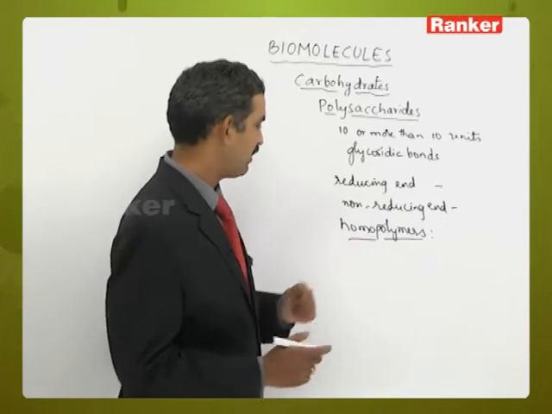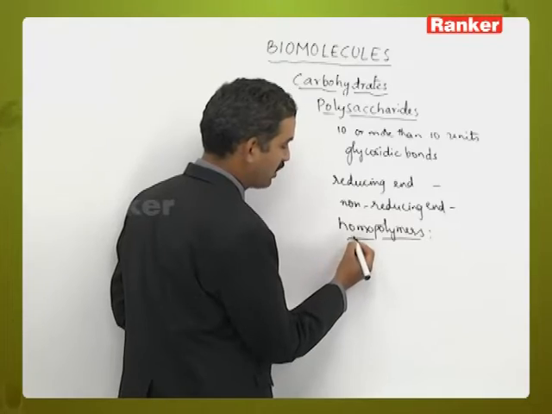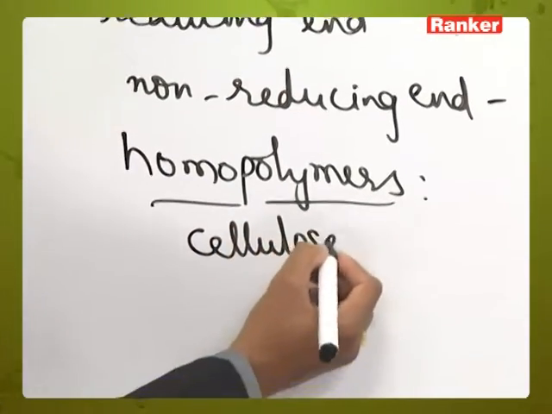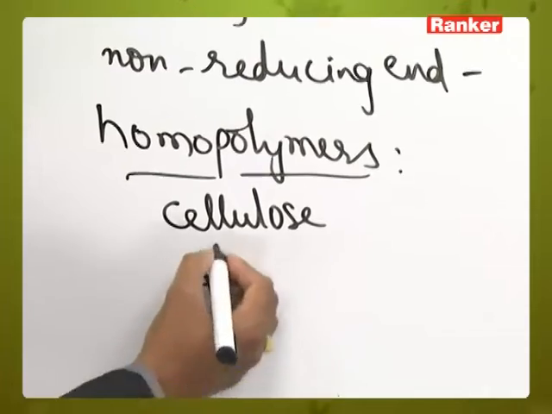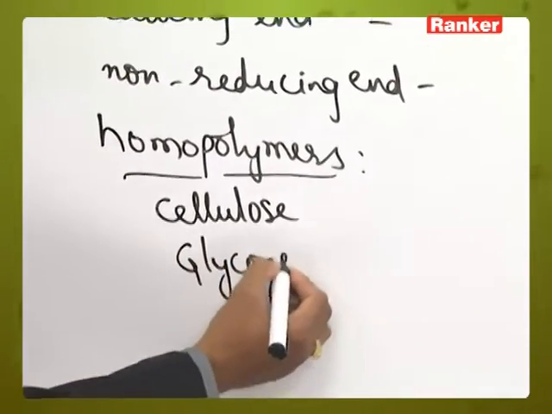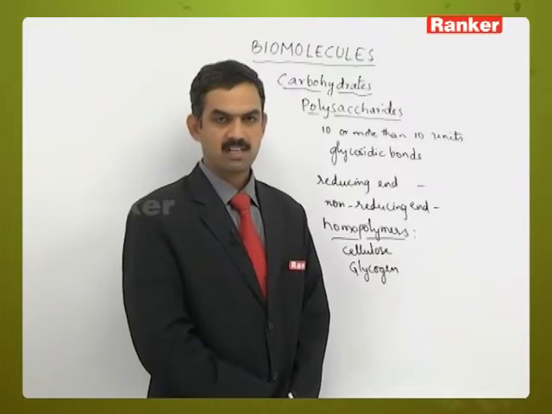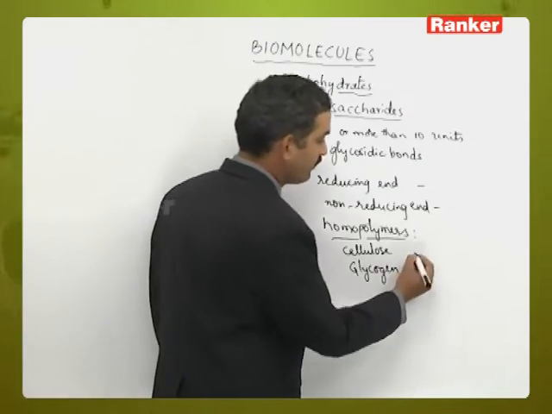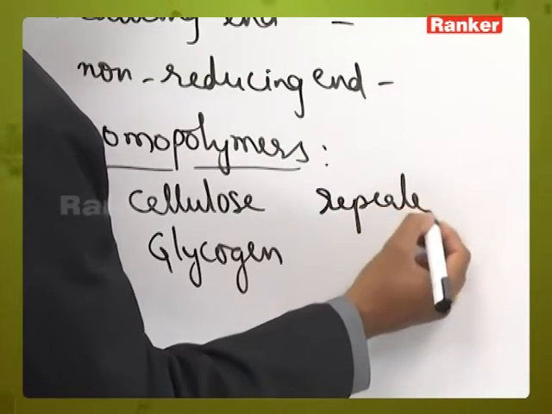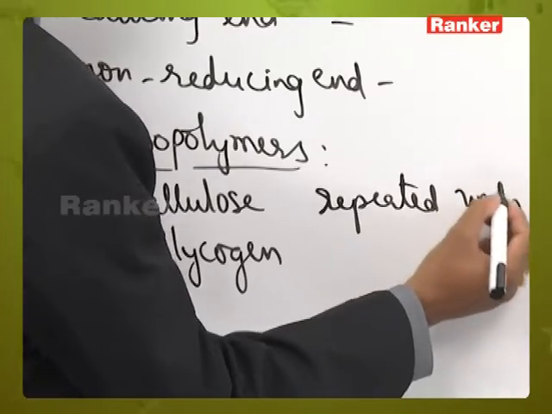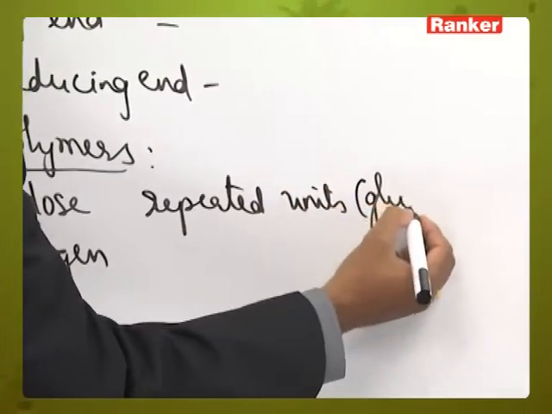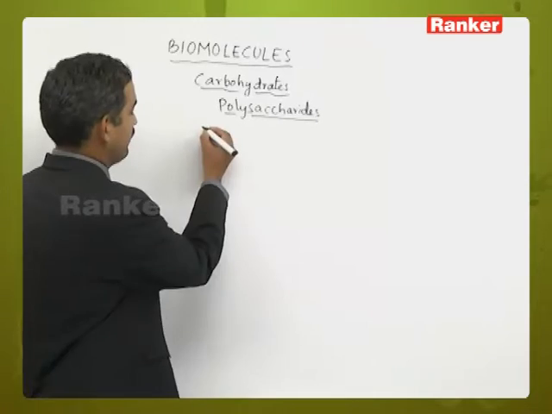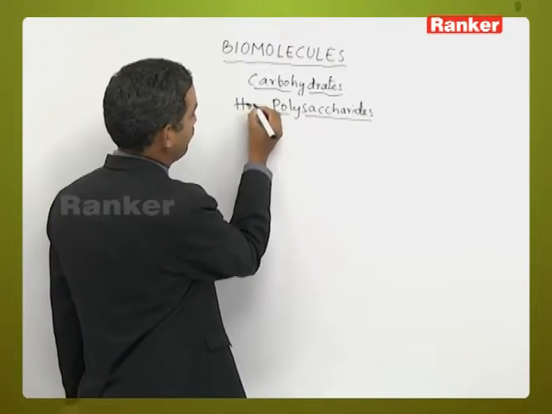This type of structure is called a homopolymer molecule, like cellulose and glycogen. These are homopolymers made up of repeated units of glucose molecules. First one, homopolysaccharides.